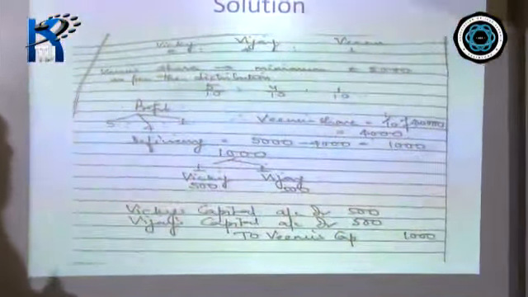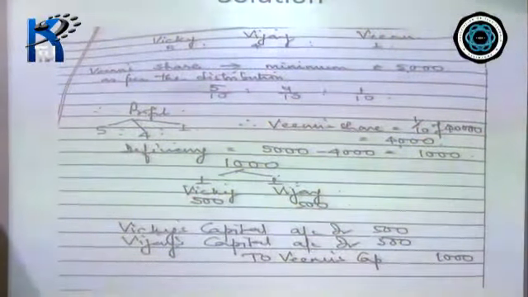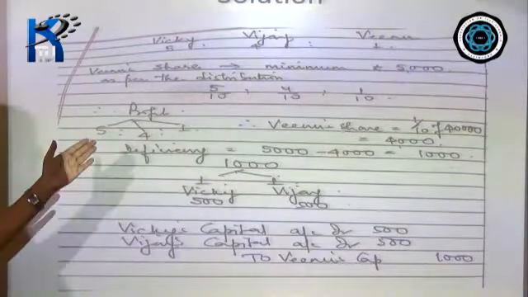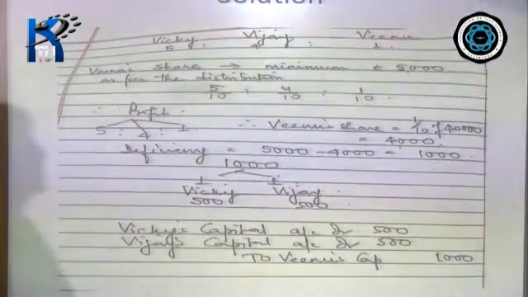Vicky, Vijay, Vinu, they share in the ratio 5:4:1. Vinu's share of profit, a minimum of 5,000 has to be given to Vinu. But when we calculate the share of profits, in this case, Vicky is supposed to get 5/10, Vijay is supposed to get 4/10, and Vinu is supposed to get 1/10.